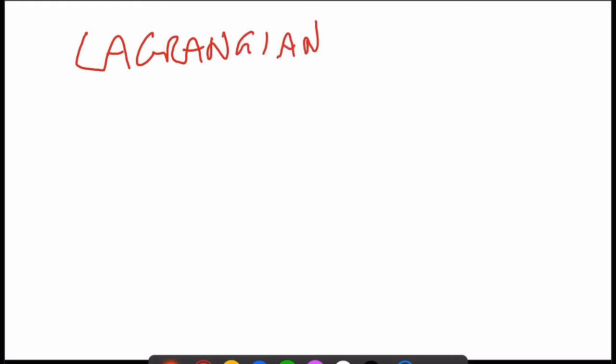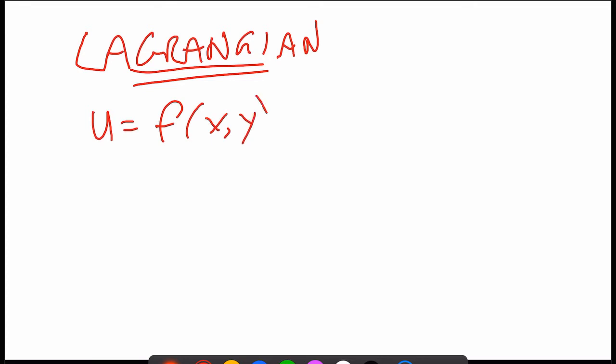Now, we're going to set up something called a Lagrangian. And in the Lagrangian, we're going to deal with this constraint. So again, let's say that I have a utility function where my utility is a function of x and y, two goods I can buy.